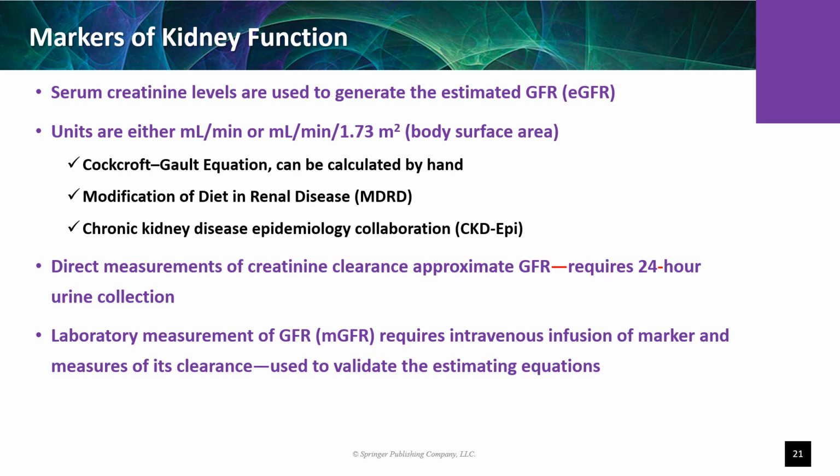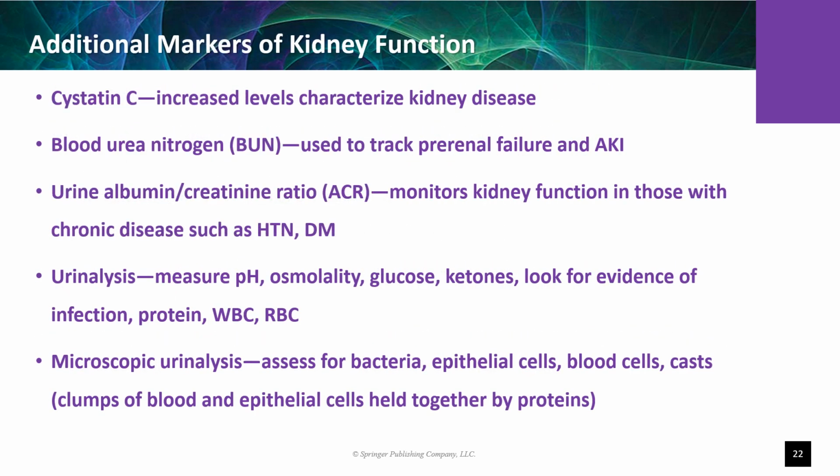And iohexol is used to determine the glomerular clearance. Either AKI or CKD can have manifestations of altered kidney maintenance of fluid and electrolyte homeostasis, including hypertension, edema, and acidosis. The standard BUN level is 6 to 24 milligrams per deciliter.